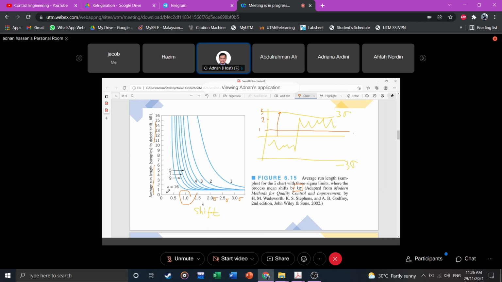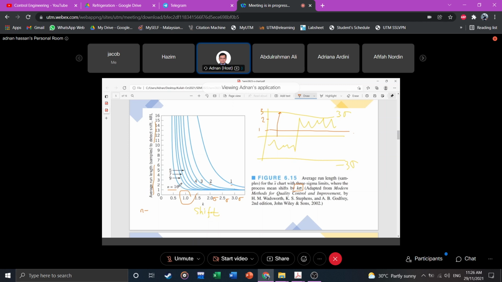Okay, so we see that if the shift is, let's say this one, a 3 sigma shift, it depends on n. This is n equal to 1, n equal to 2, n is the sample size, at different n values.